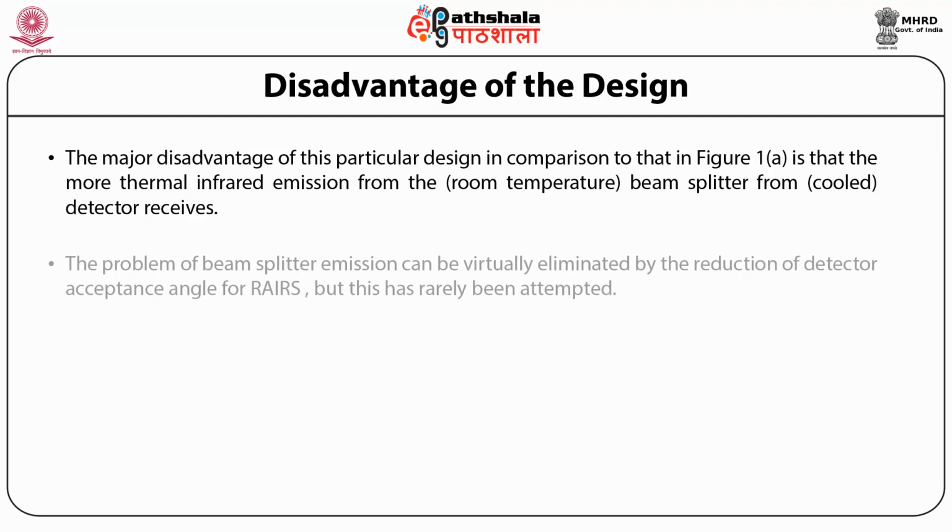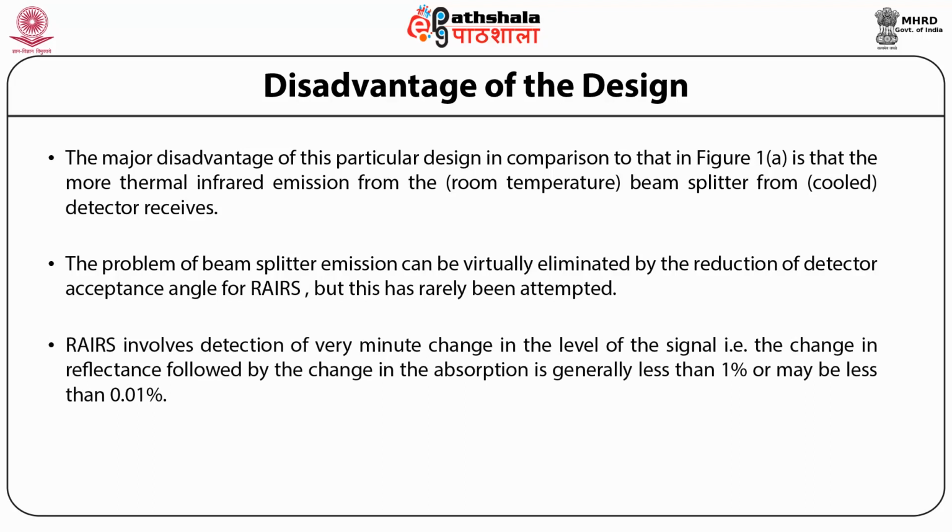The problem of beam splitter emission can be virtually eliminated by reducing the detector acceptance angle for RAIRS, but this has rarely been attempted. RAIRS involves detection of very minute changes in the level of signals, that is the change in reflectance following the change in absorption, which is generally less than 1% or maybe less than 0.01%.